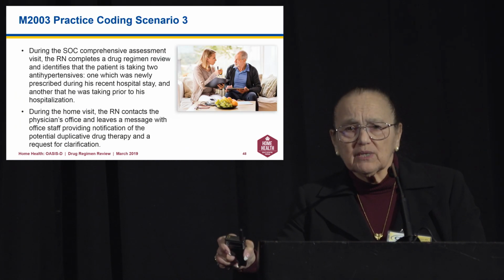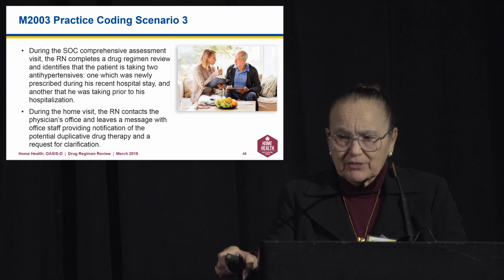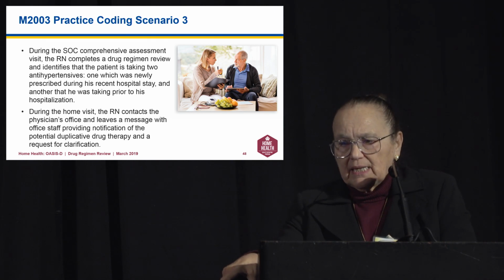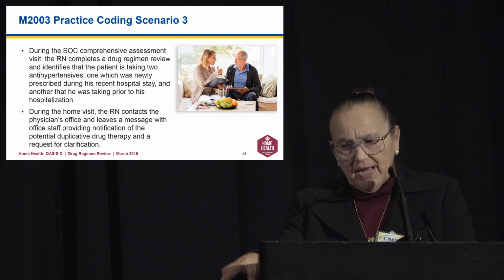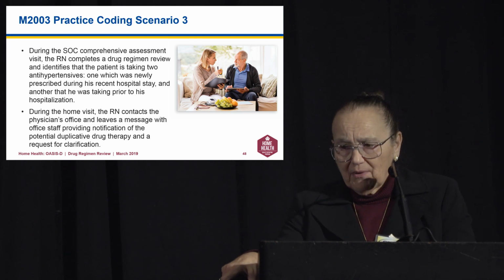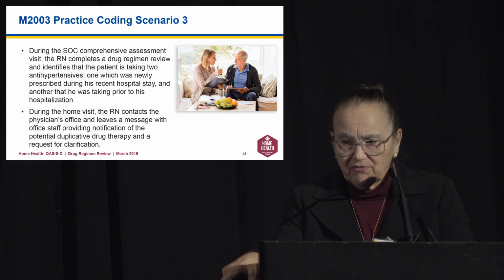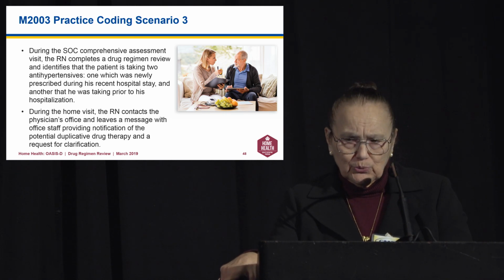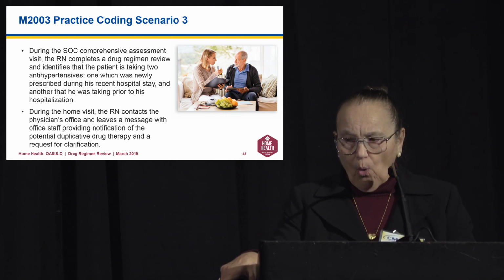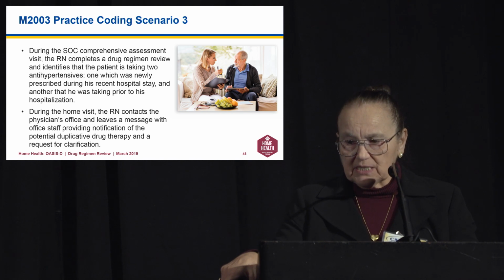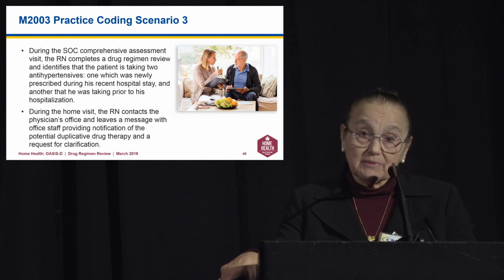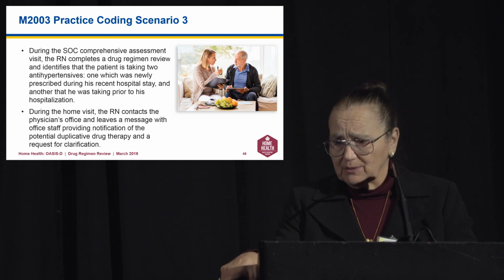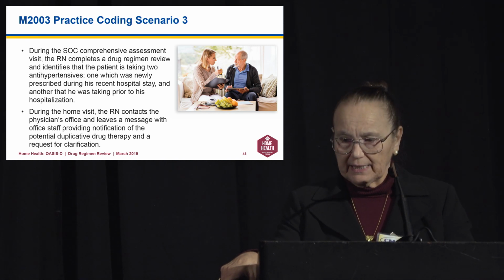Okay, let's do a little practice coding here for 2003. During the start of care comprehensive assessment visit, the RN completes the drug regimen review and identifies that the patient is taking 2 antihypertensives, one newly prescribed during his hospital stay, and another he was taking prior to his hospitalization. We see this frequently.